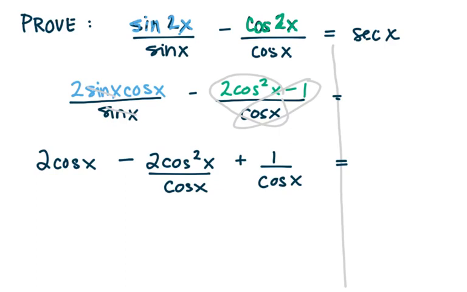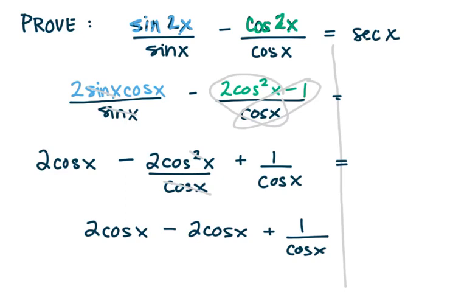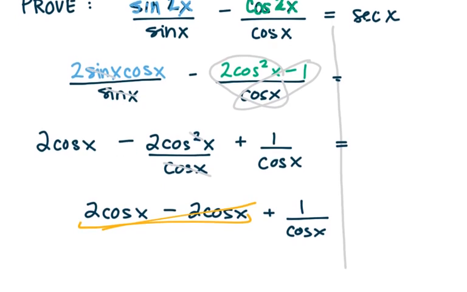So nicely I can see that that cosine in the denominator is going to cancel, and now I have 2 cosine x minus 2 cosine x plus 1 over cosine x. 2 cosine x minus 2 cosine x is 0, so that cancels.